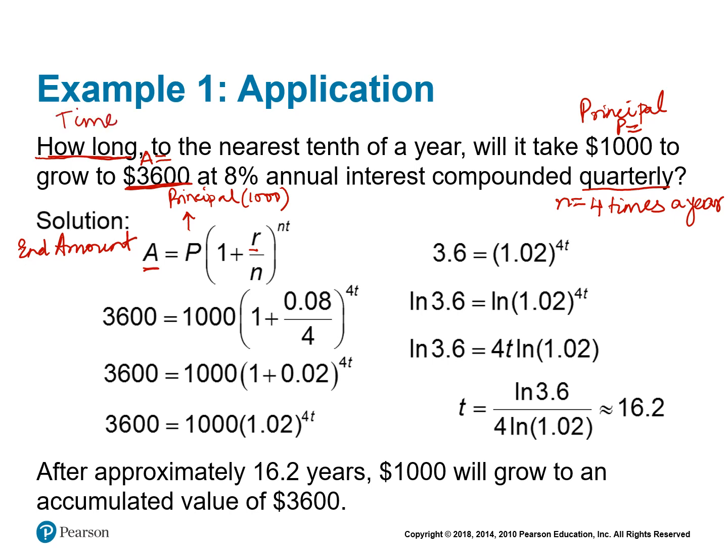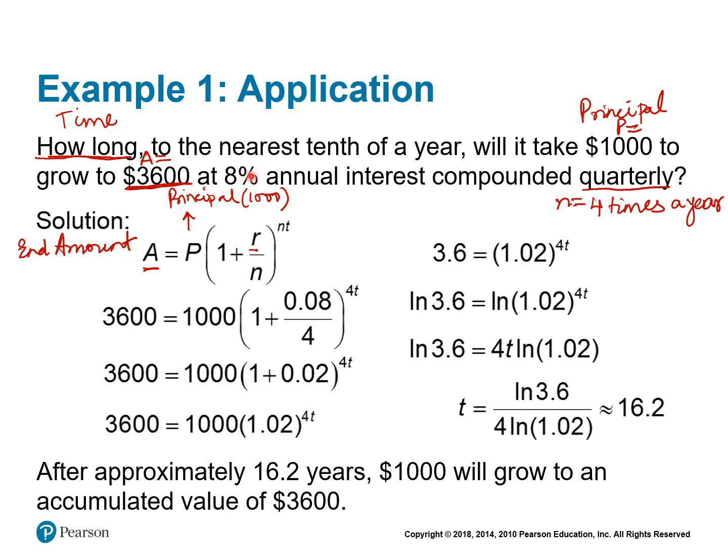Now that we have identified the different variables in this equation, let's plug in the values we already know. A is 3,600, so we plugged 3,600 into A, equals, then P is 1,000, so we wrote 1,000 here. Then within brackets, 1 plus R is derived from this 8%.